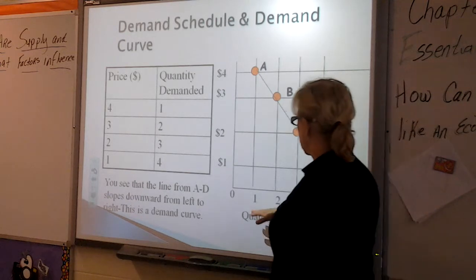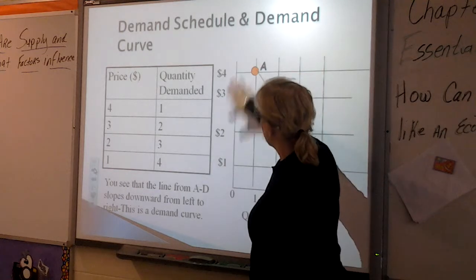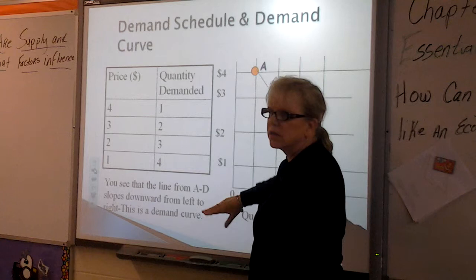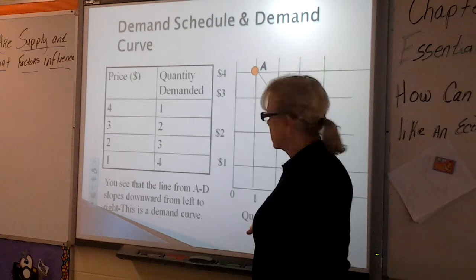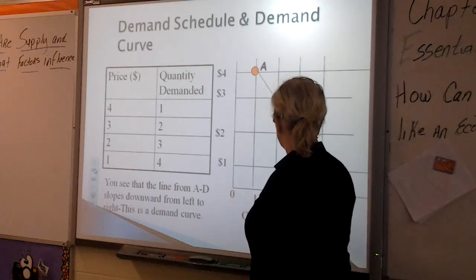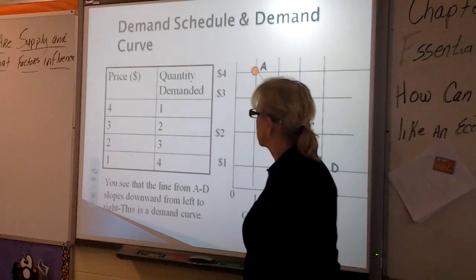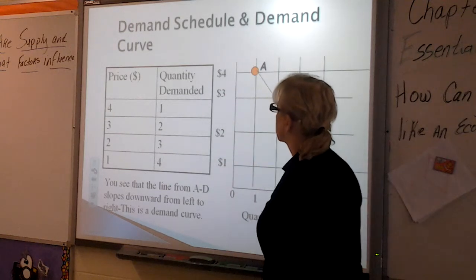And then you're going to draw your chart, which is going to show you your demand slope. Price is always on the y-axis, and quantity demanded on the x. So you have 0, 1, 2, 3, 4, because that's what the quantity demanded is, and then the prices are 1, 2, 3, 4.